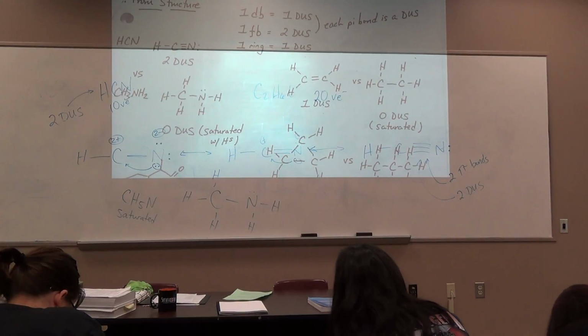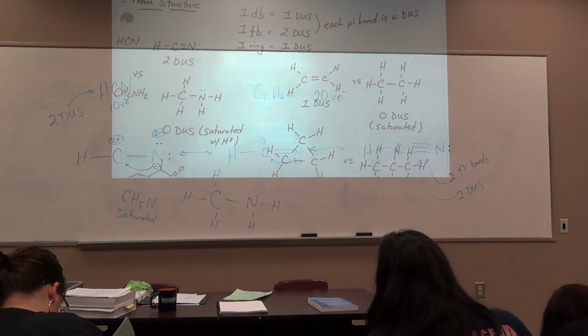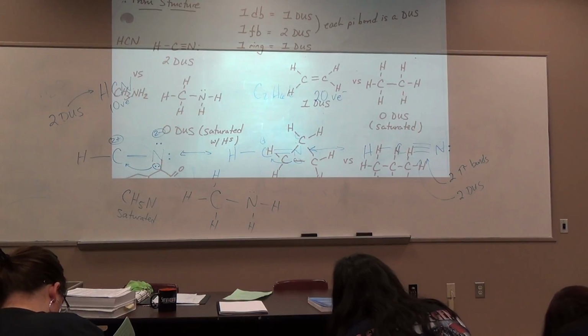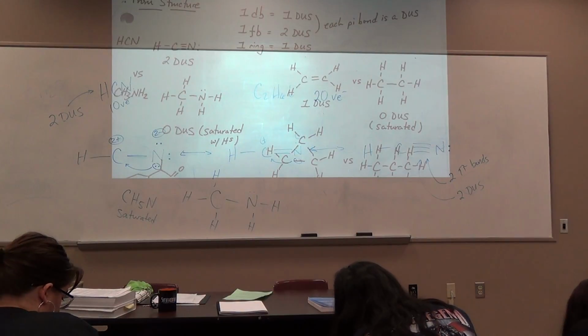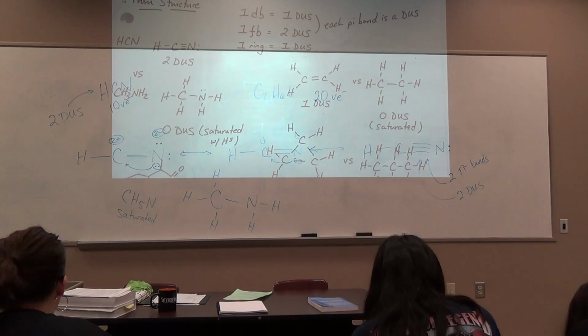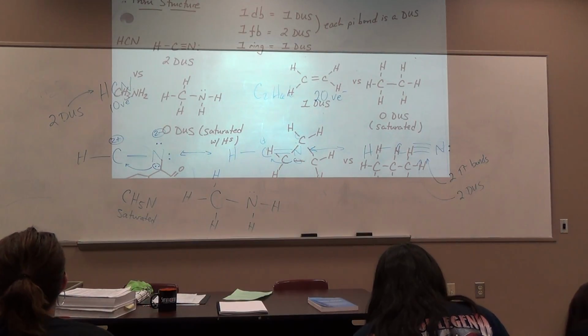And what I will do, instead of just covering it fresh, I'll just say any questions about this next time. Okay? DUS can be determined by structure or formula. Whenever you're putting together a structure, it's good to know how many DUS. If I know a compound has 5 degrees of unsaturation, I know that it's going to have, for example, 5 pi bonds. So it's very helpful in putting together a structure.